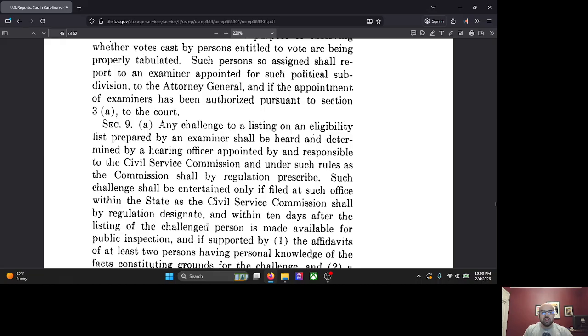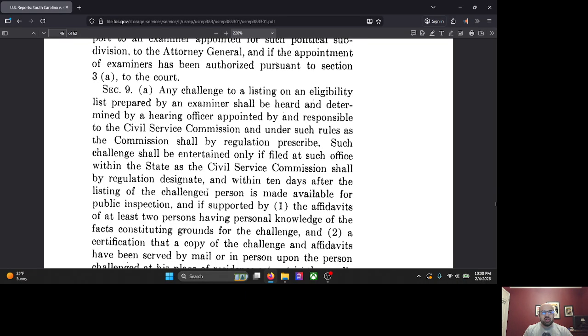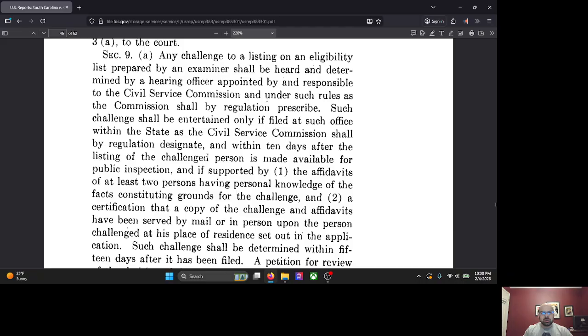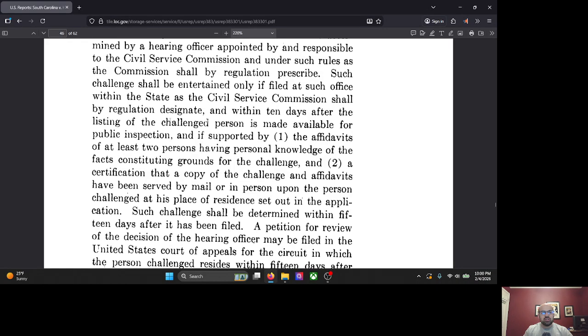Section 9A. Any challenge to a listing on an eligibility list prepared by an examiner shall be heard and determined by a hearing officer appointed by and responsible to the Civil Service Commission, and under such rules as the Commission shall by regulation prescribe. Such challenge shall be entertained only if filed at such office within the state as the Civil Service Commission shall by regulation designate, and within 10 days after the listing of the challenged person is made available for public inspection, and if supported by 1.